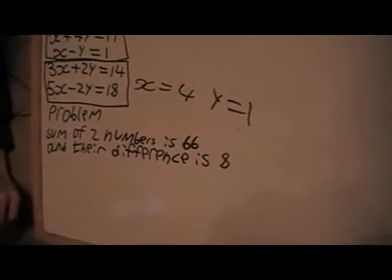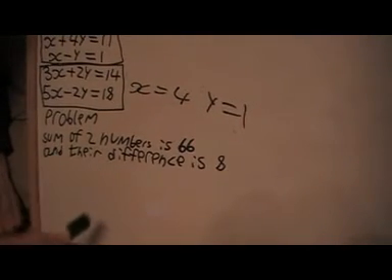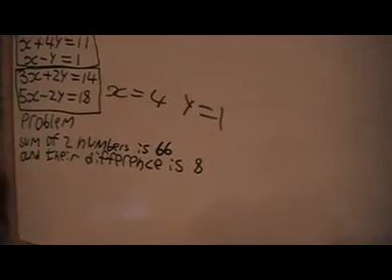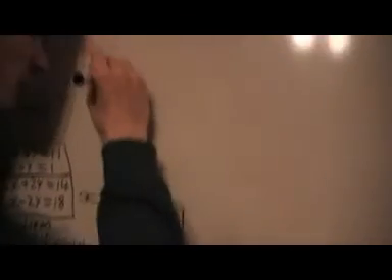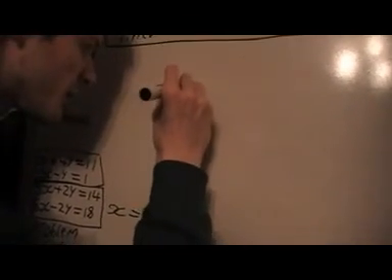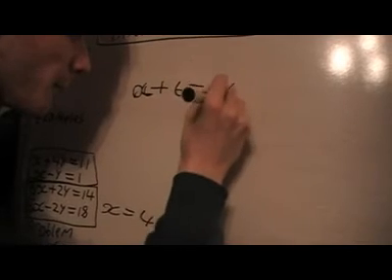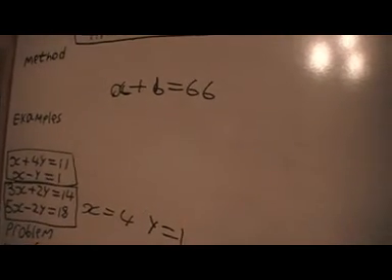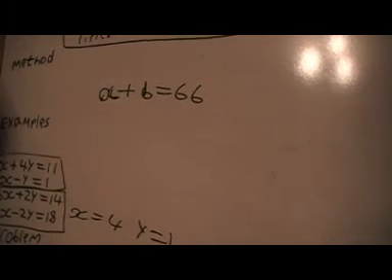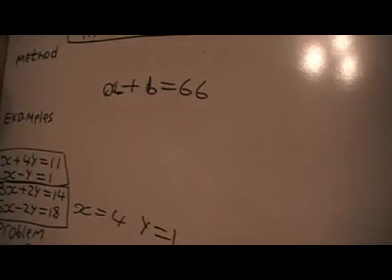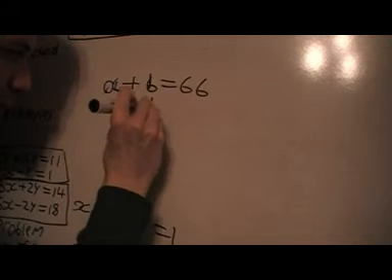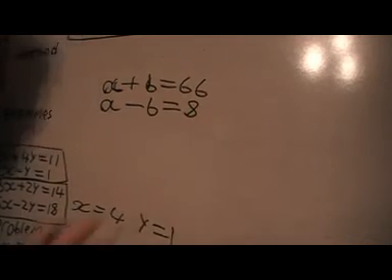So, what we're going to do is we're going to let one of the numbers be A and the other number be B. So the sum of them is 66. So we can write that algebraically as A plus B equals 66. That's how we write it algebraically. And then I've got A minus B equals 8.